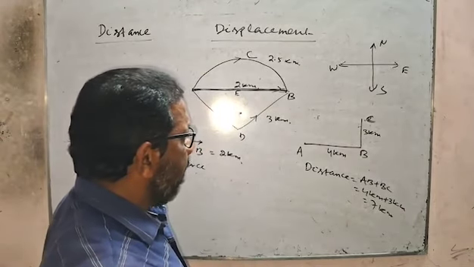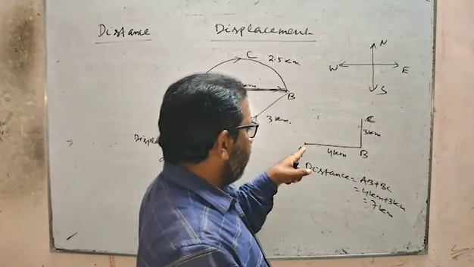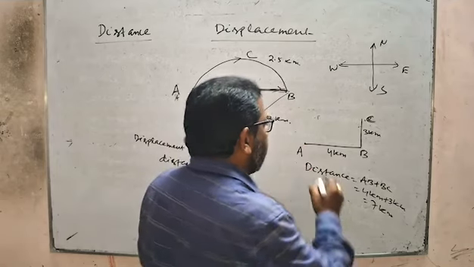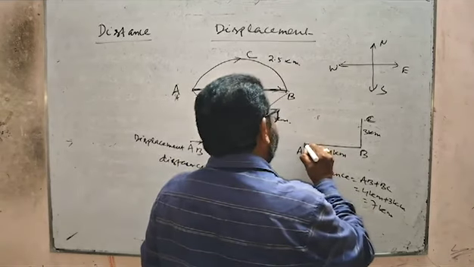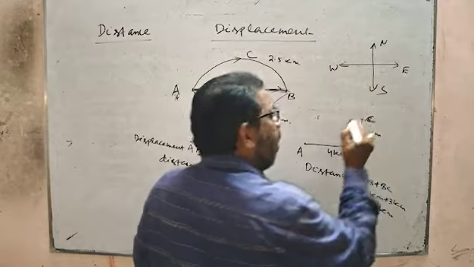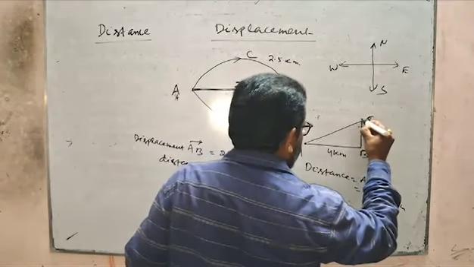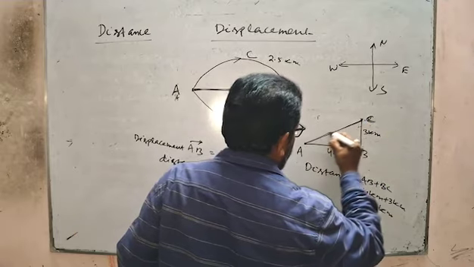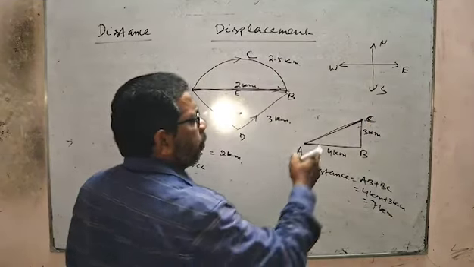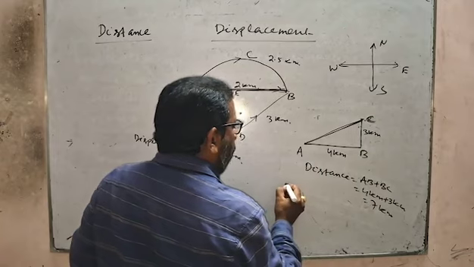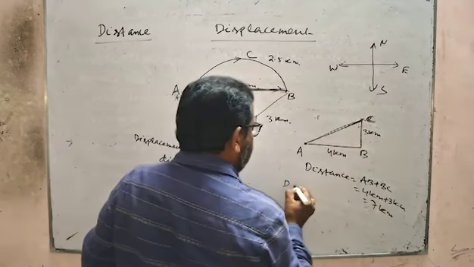What is displacement? Displacement is the shortest path between the initial position A and the final position C. How can we find AC?